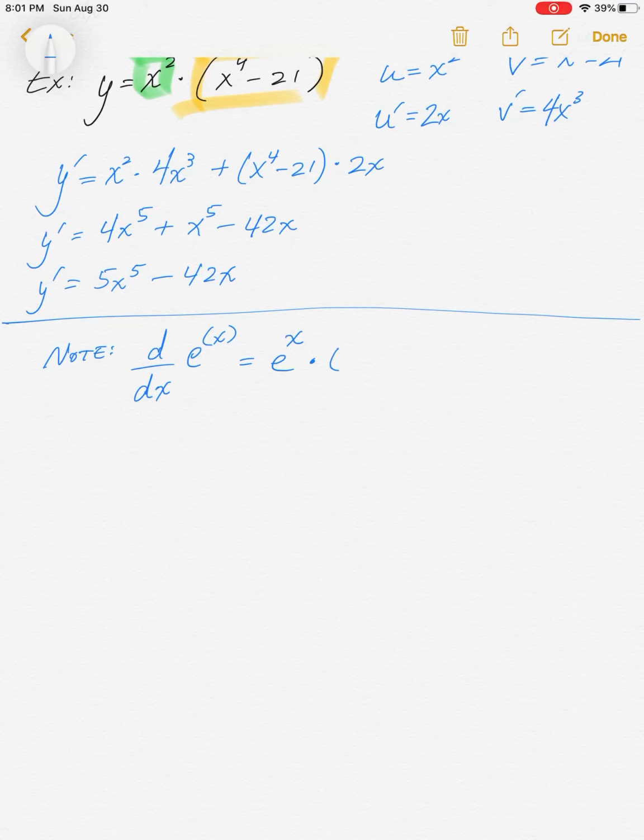And that exponent is x. The derivative of x is 1. And so there we go. Keep that in your mind.